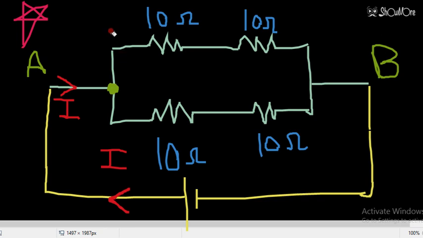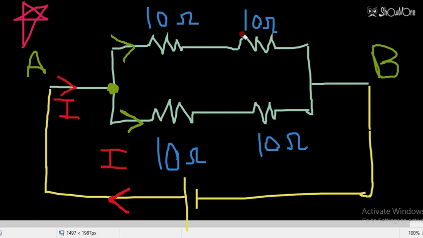Some current will flow here, some current will flow here. That current can be divided equally or unequally depending on the value of resistance.